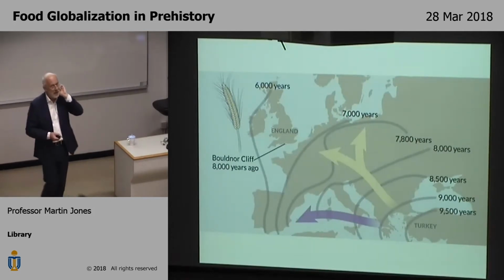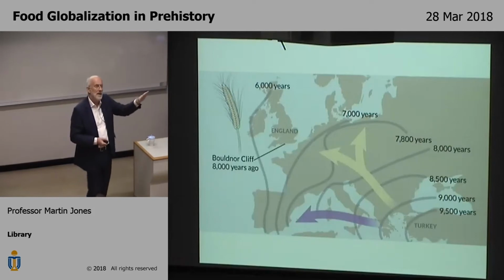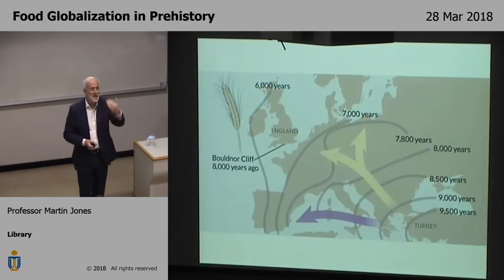Now, as part of that, we did a metadata survey, a massive survey of all of the crop records that had been published for Europe. So at this stage, you've had at least 20 years of lots of people doing flotation and a lot of publications of plant lists across Europe.